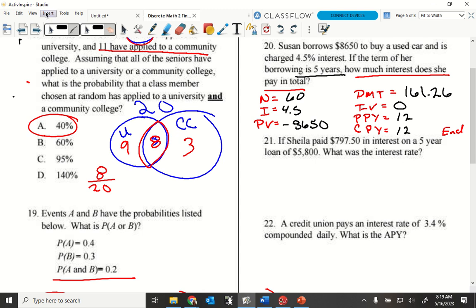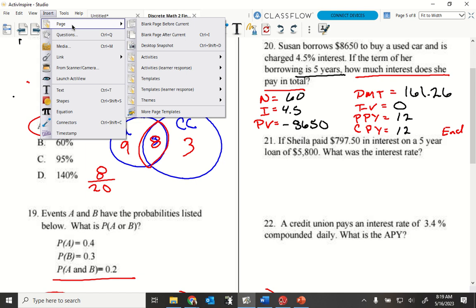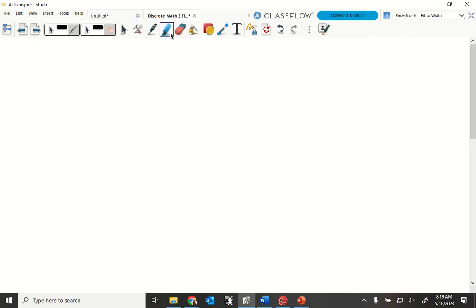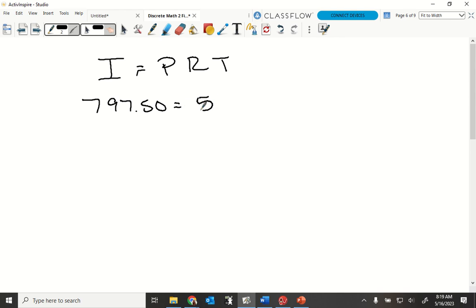This is a simple interest problem. Simple interest is I equals P R T, where interest was 797.50. P was 5,800.